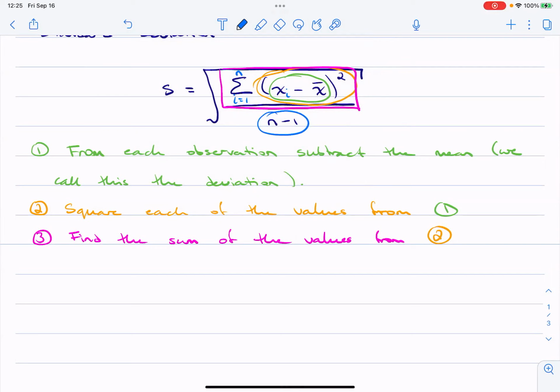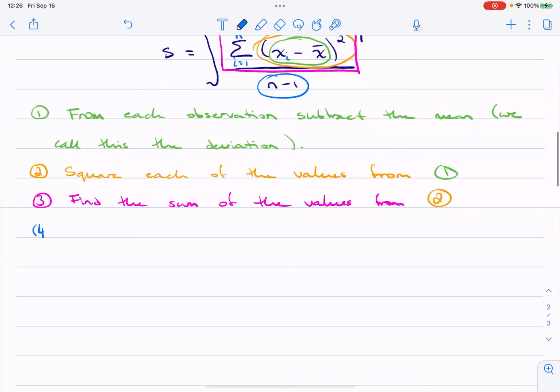Now, the n minus 1, we probably want it to be n, but I just beg you to accept it for what it is. It's just n minus 1. That's just how it is. Hopefully you're okay with that. It goes back to things like degrees of freedom and the fact that you've already used an estimate in here, so you have to take one away, but you don't need to worry about that as long as you're okay with it just being n minus 1.